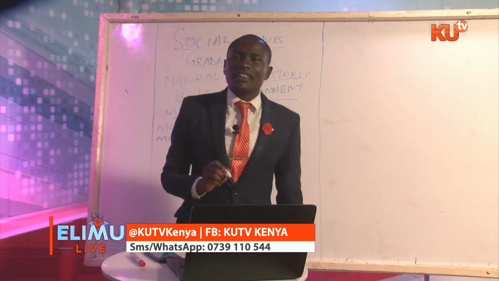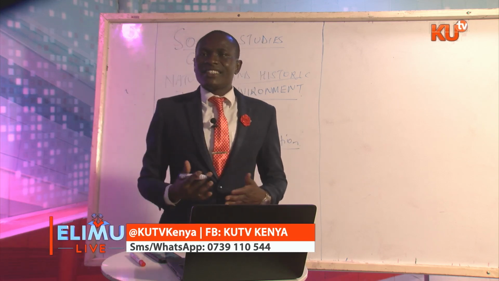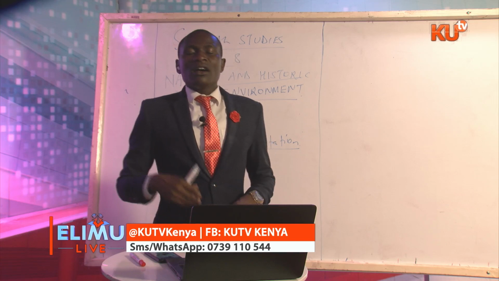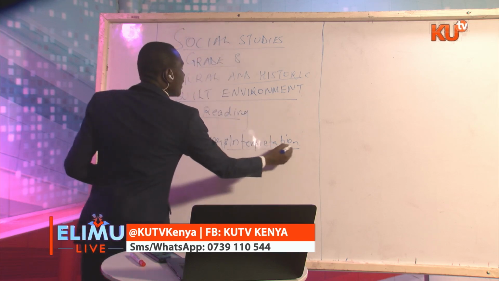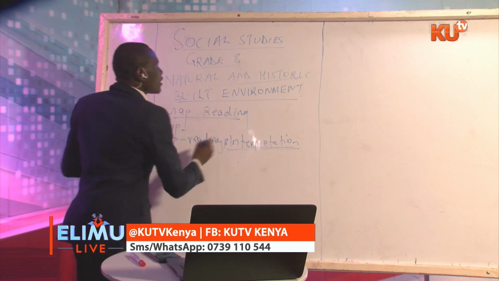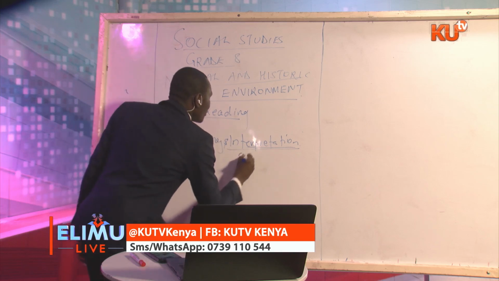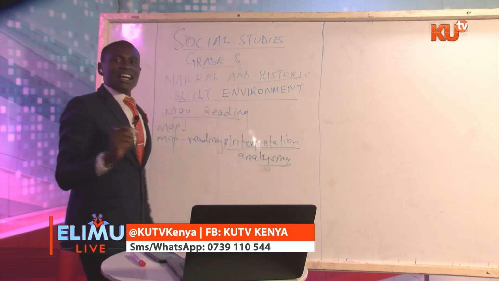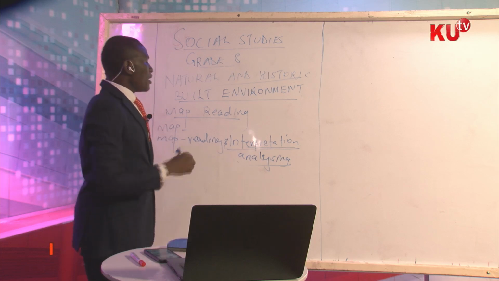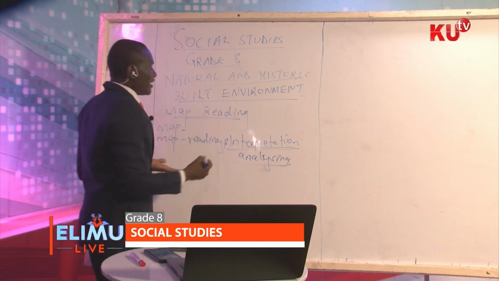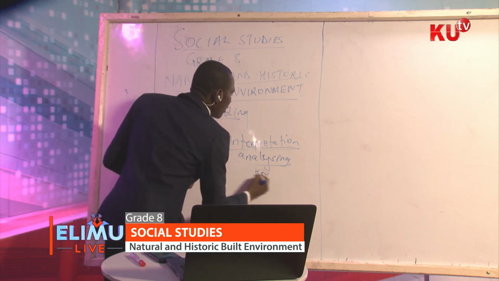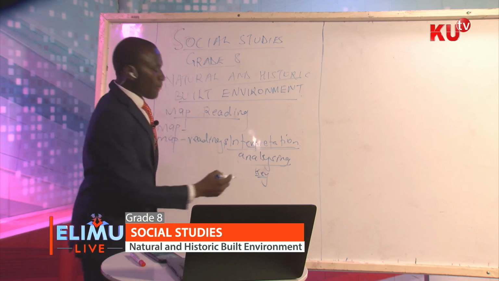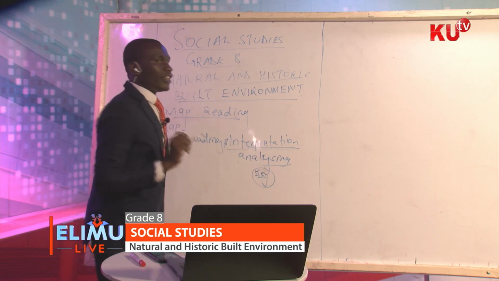Interpreting means you are analyzing the symbols on a map. These symbols are represented in an area called the key. You can only interpret the symbols on a map by looking at the key.